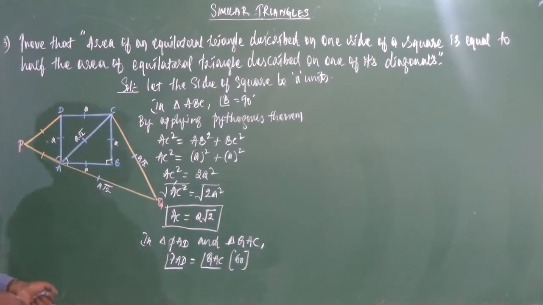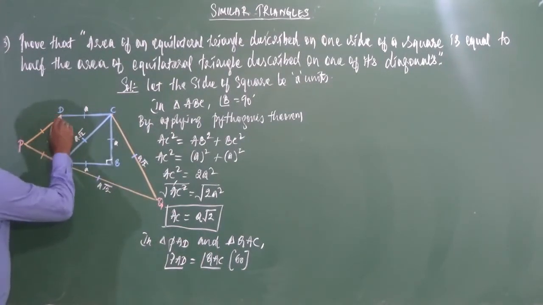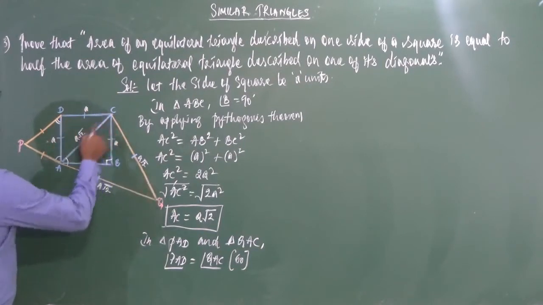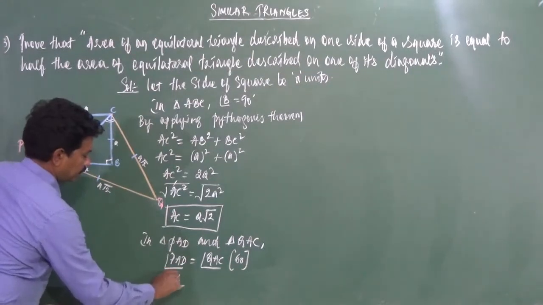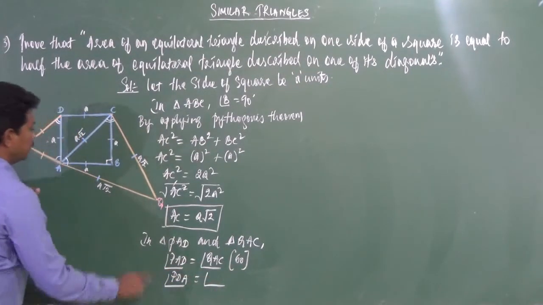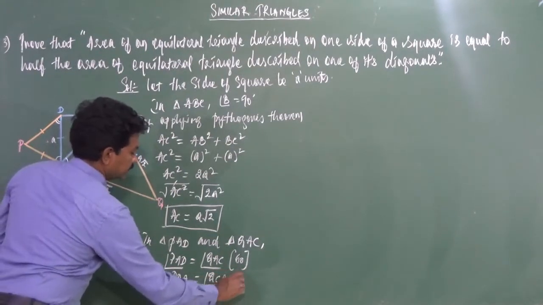Each equilateral triangle measures 60 degrees, all the three angles. And angle PDA, this angle, is equal to angle QCA, this angle. So angle PDA is equal to angle QCA. So it is again 60 degrees.